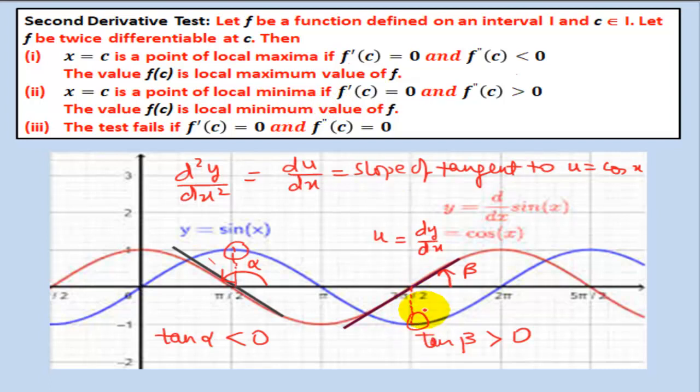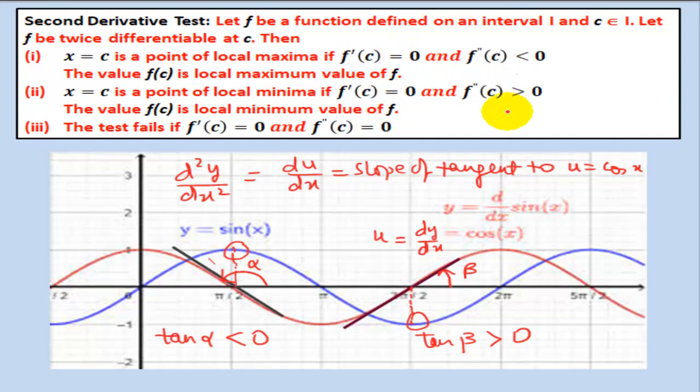Now the same thing can be observed at various critical points if we draw tangents at minus pi by 2 or 5 pi by 2. So let us compile what is being said in the second order derivative test. We will be having a function in terms of a certain variable. You differentiate it, put the derivative equal to 0 to get the critical points.